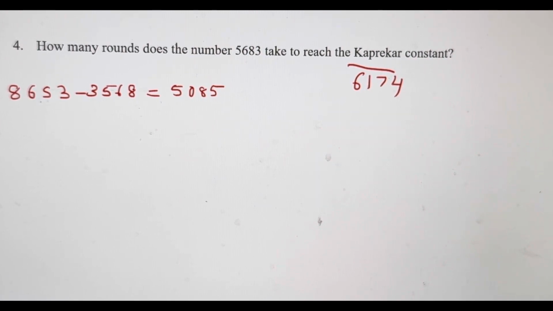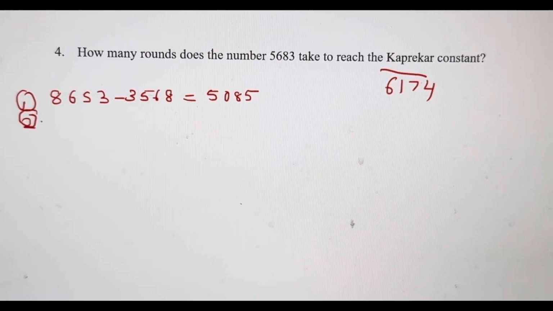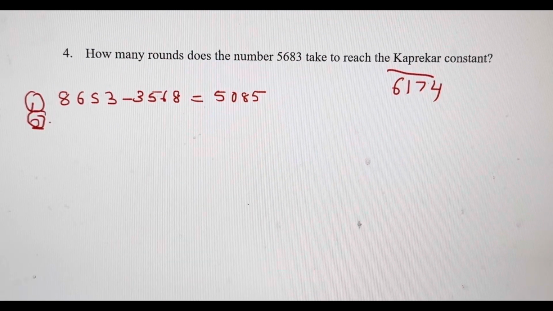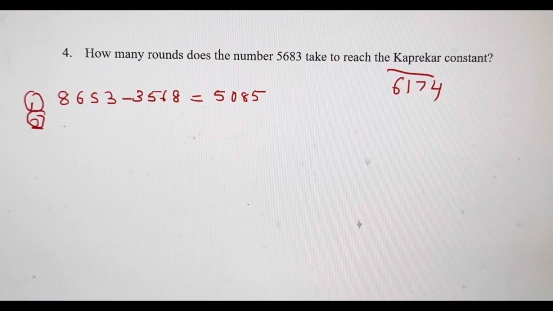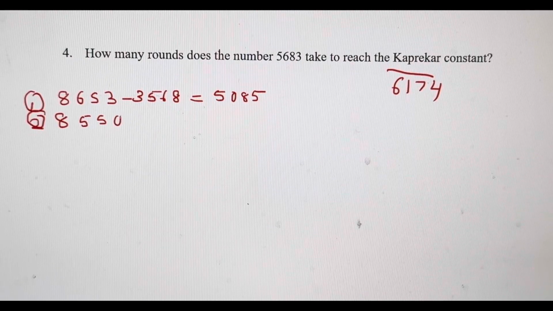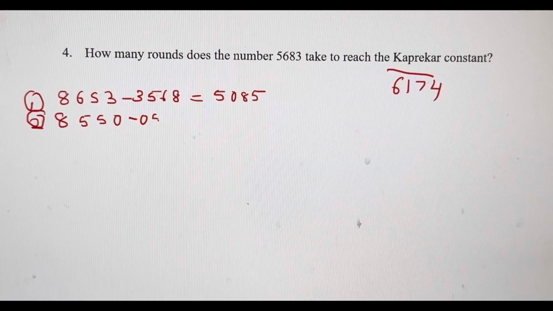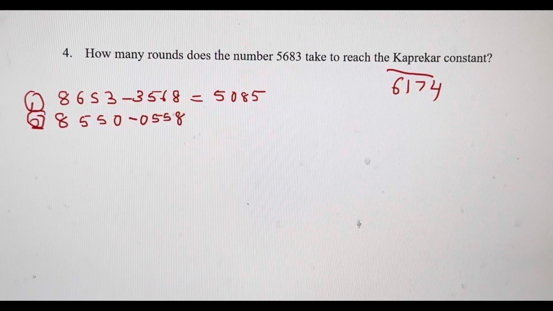We are not getting 6174. Now let us try the second step. Now we form the largest of 5085, so it is 8550 minus 0558.